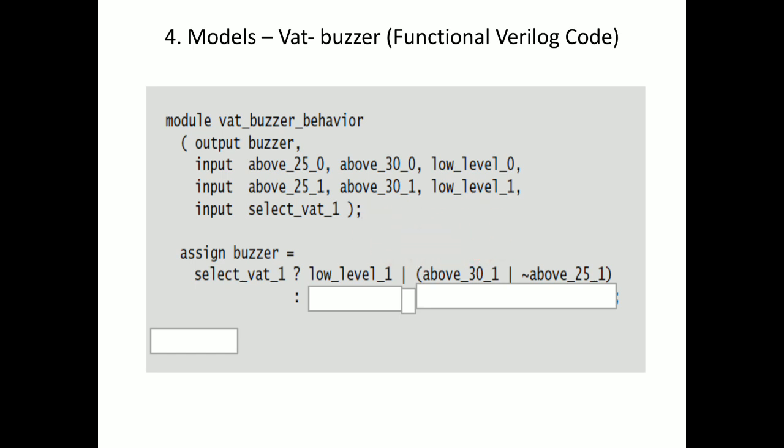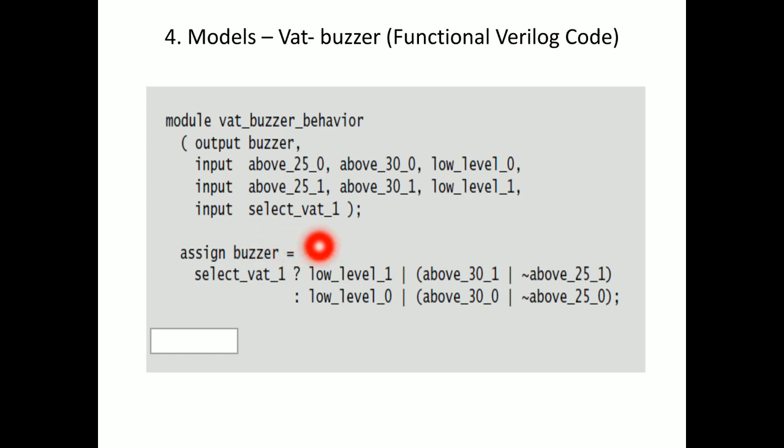And if select is 0, then it should select wake up 0. This is the conditional operator: condition, question mark, true value, colon, false value. This is about the multiplexer output using the conditional operator.